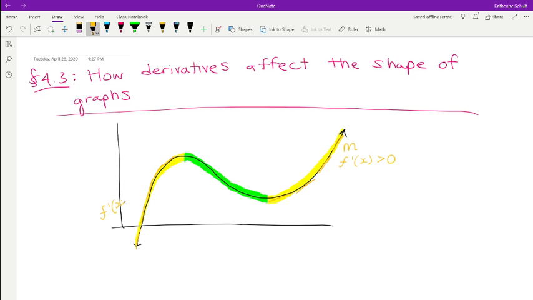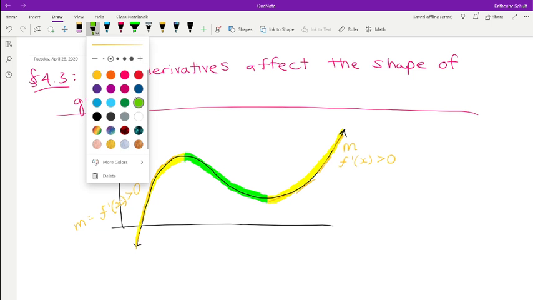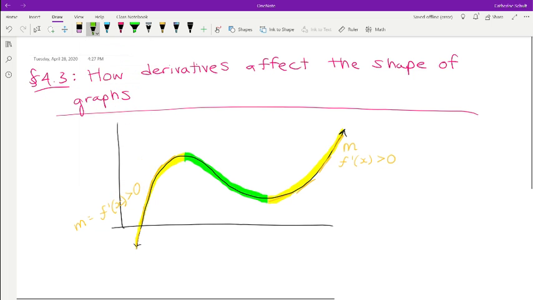So the slopes, which are the derivatives, are positive. And on the flip side, if we focus on the decreasing parts and draw all of our tangent lines at those points, they're all decreasing tangent lines. So the slope is negative, so the derivative is negative at those points.